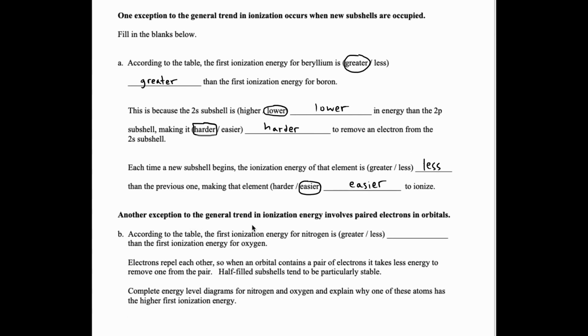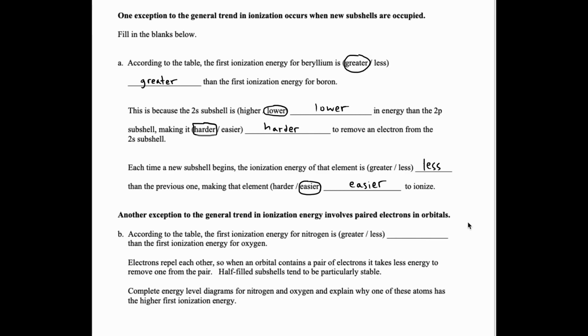So another exception to the general trend in ionization energy involves paired electrons and orbitals. It turns out it's more difficult to pull an electron away if it's alone versus if it's in a pair. The reason is that the electrons repel each other.